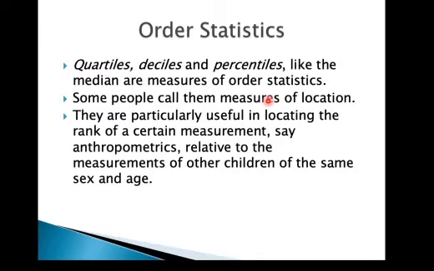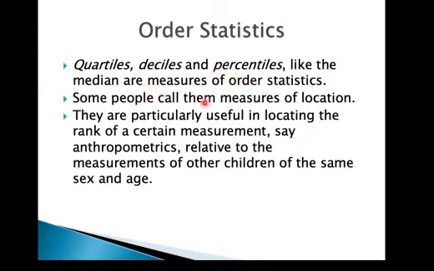So, if your grade is on the 90th percentile, your grade is higher than 90% of cases. You're only lower than 10% of cases. So it tells us its order or rank. That's why they are also called order statistics.